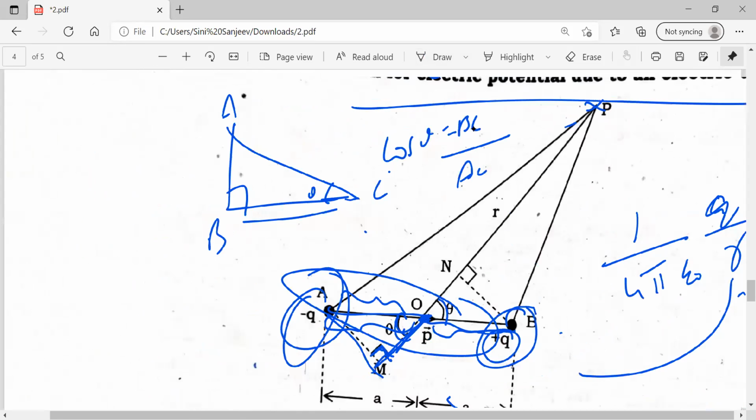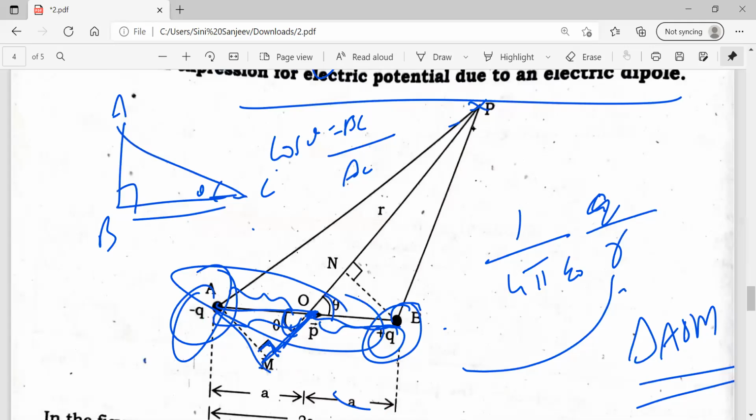Now, for example, I'm considering this point M, and this point as C. So what is my CM basically? It is CO plus OM. If I'm considering the big line here, let me draw it and show you.